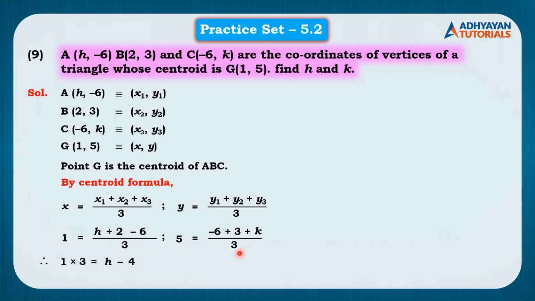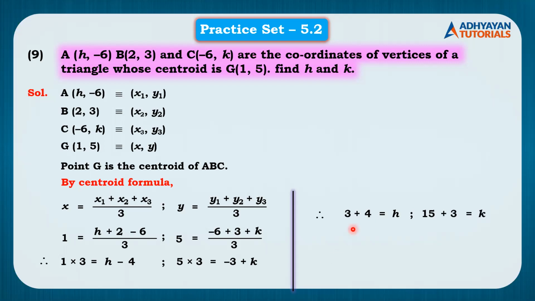Same here, 5 into 3 is equal to minus 6 plus 3 is minus 3, minus plus minus, 6 minus 3 is 3, sign of the greater number, so minus 3 plus k. So now 1 into 3 is 3, minus 4, if we shift to the left hand side it will become plus 4, is equal to h. 5 into 3 is 15, minus 3, if we shift it to the left hand side it will become plus 3, is equal to k.